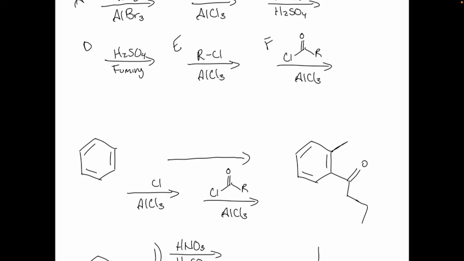For my alkyl group, that's just a single carbon compound, right? I've only attached one carbon here, so that would be like a methyl group. So CH3Cl. For my other one, I want to make sure to have 1, 2, 3, 4 carbons on that chain.